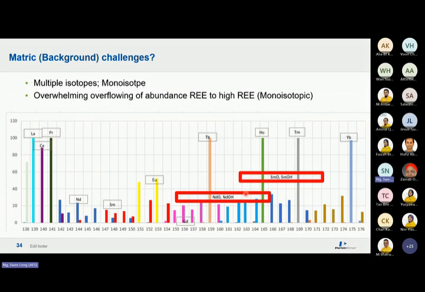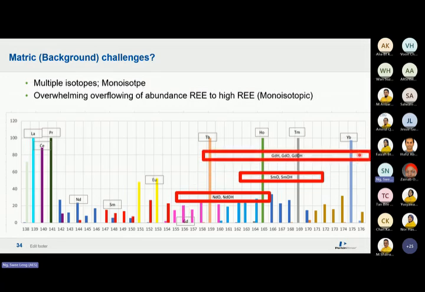But you see, TB is monoisotope. I have no way to run. If you interfere with me, I have to think of another way to overcome. HO is also monoisotope. TM is also. YB actually has two isotopes, but this isotope has no sensitivity, so you have to choose this isotope to run. And then if you get a problem from here, GD becomes oxide, which will be a problem for your YB.